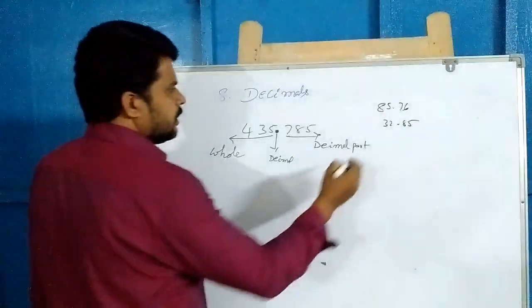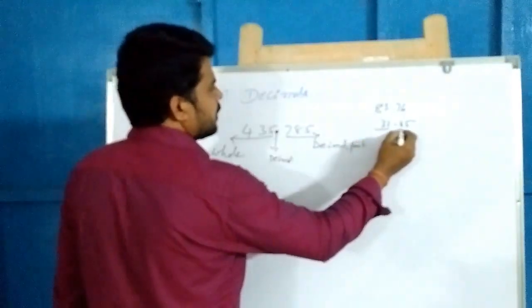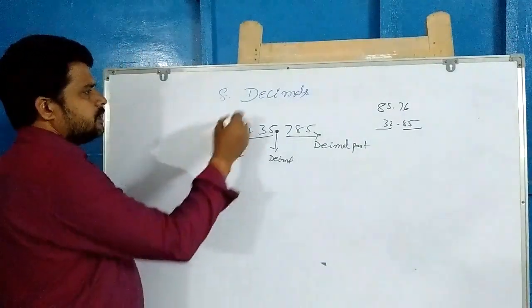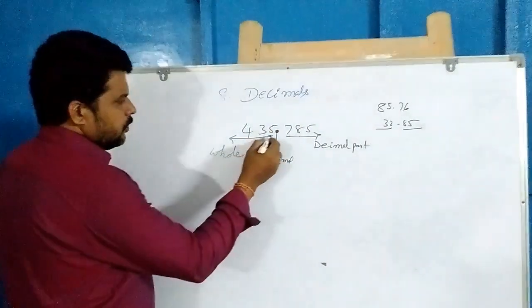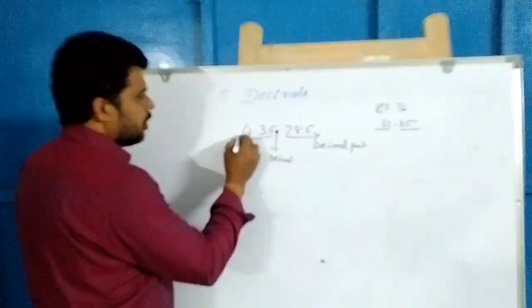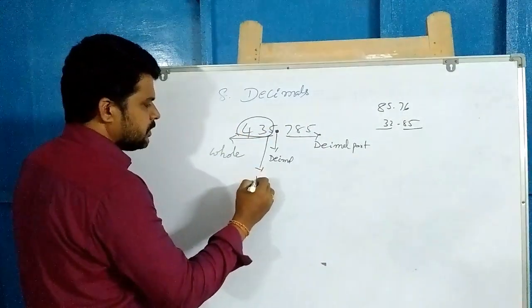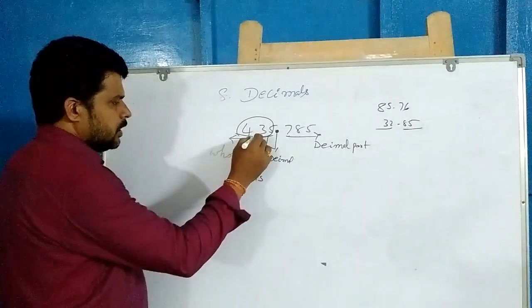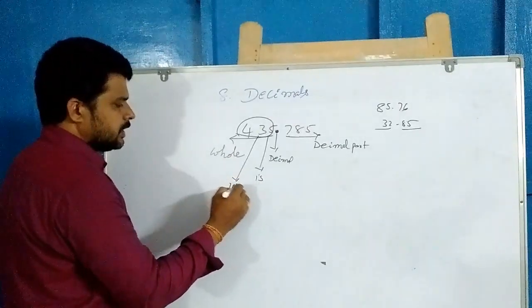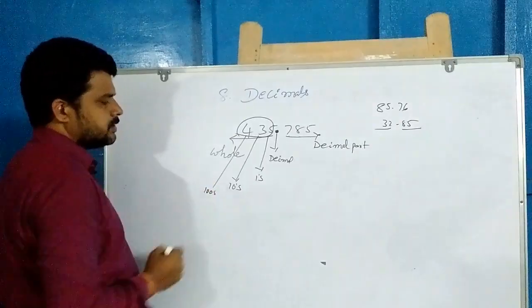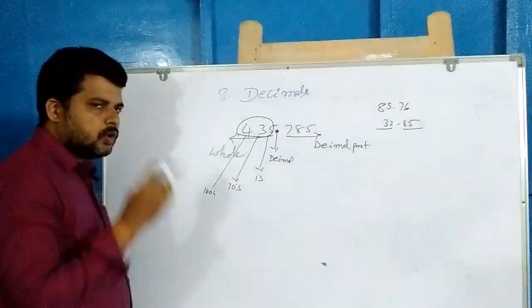So, left side of the decimal is called the whole number part, right side is called the decimal part. In this decimal number, 435 is read as a normal number. 5's place value is ones, 3's is tens, 4's is hundreds. You know the place values of the whole number.